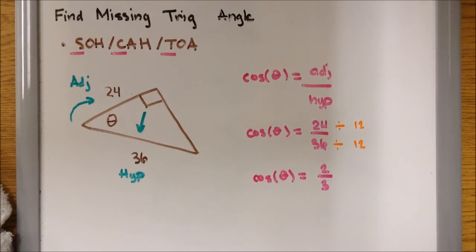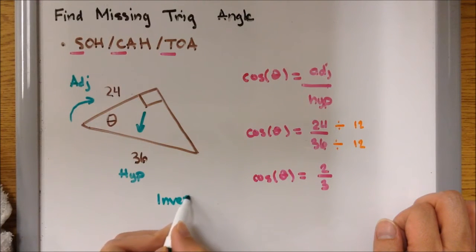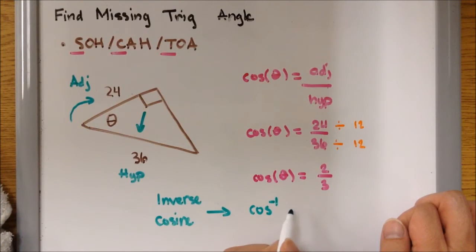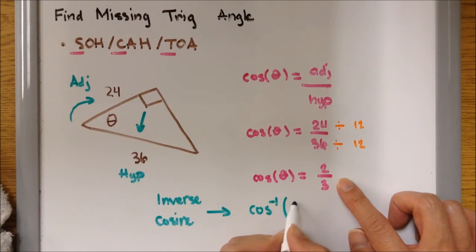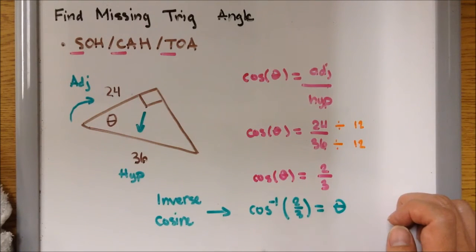Since we have cosine, the name of it will be inverse cosine. So it's going to be cosine of -1, and whatever it equals will be inside the parenthesis, so 2 over 3 equal to angle theta. So that's what we have, and that will be our final answer.